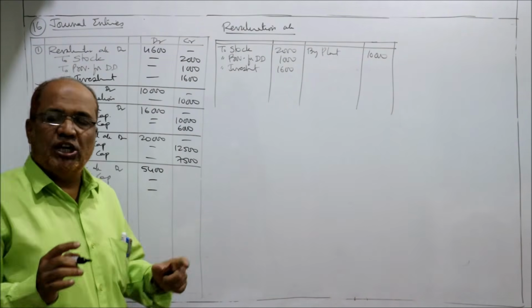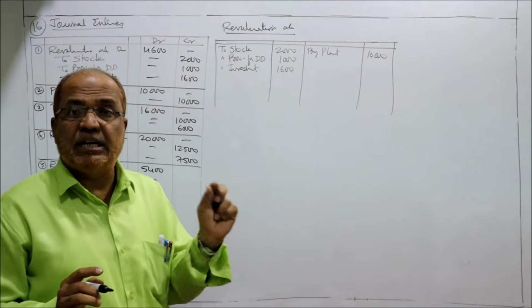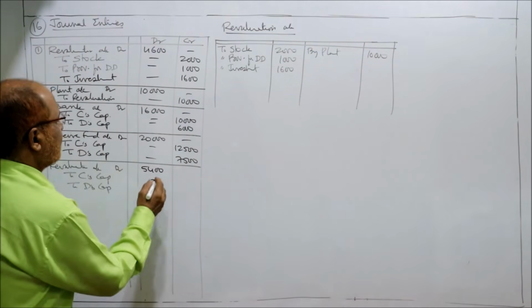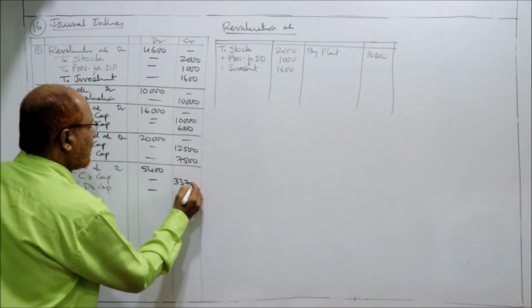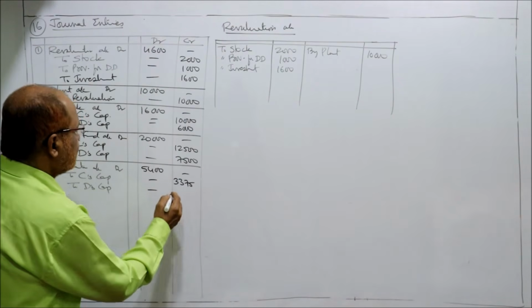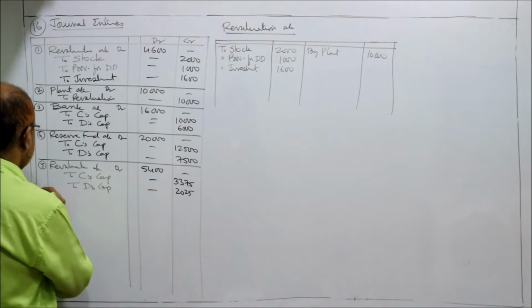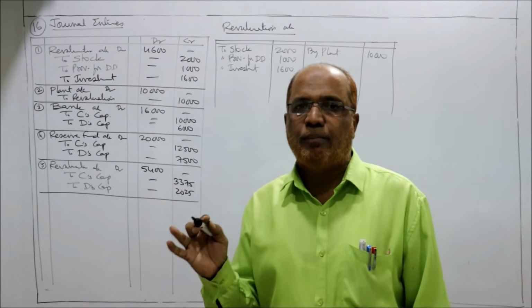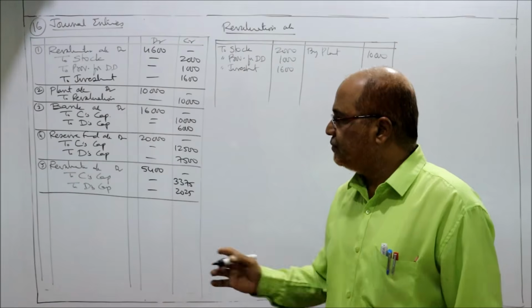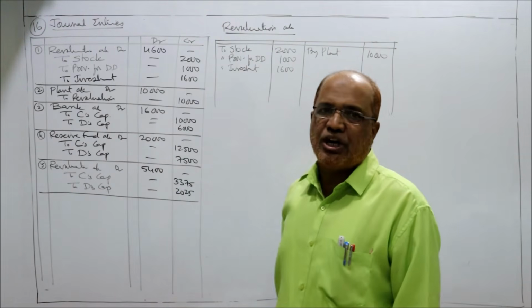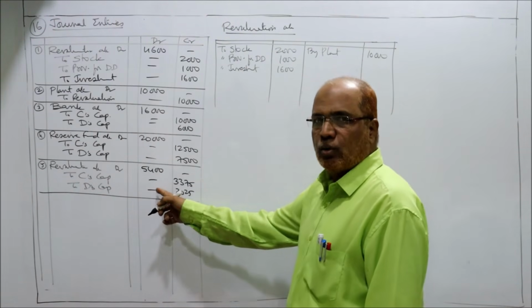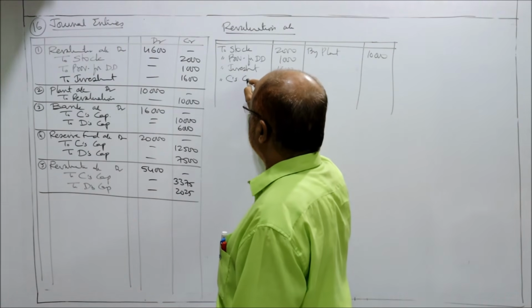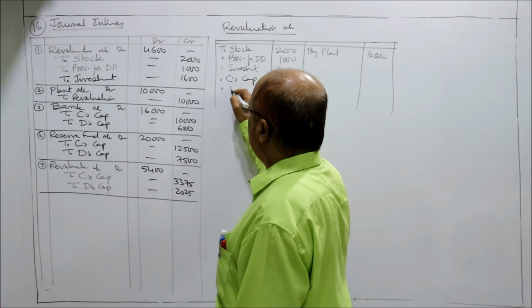It will be distributed in old ratio 5 by 8, 3 by 8. So 5,400 into 5 by 8, 3,375, and 2,025. Being the revaluation profit shared by old partners in old ratio. Right? Now this will be transferred here to C's capital and D's capital.